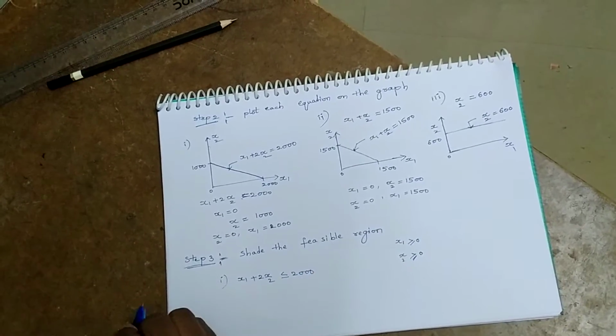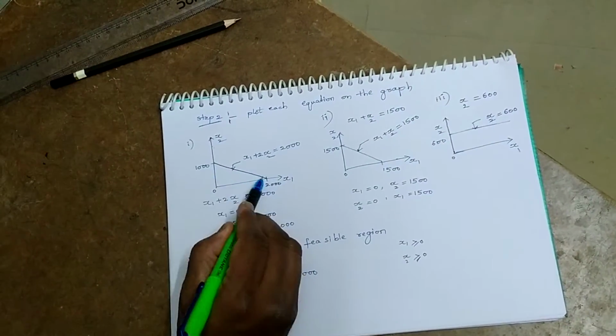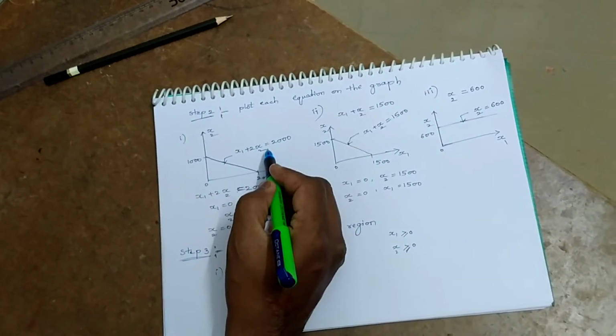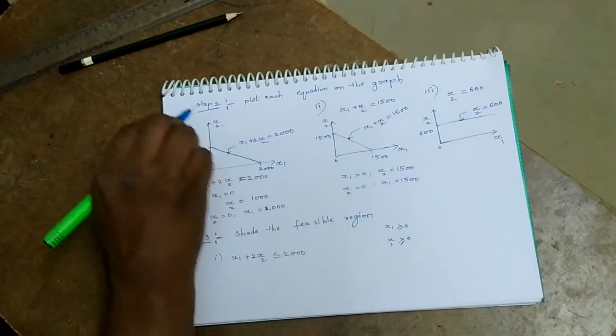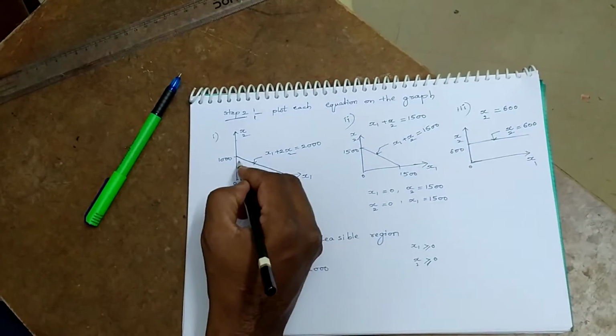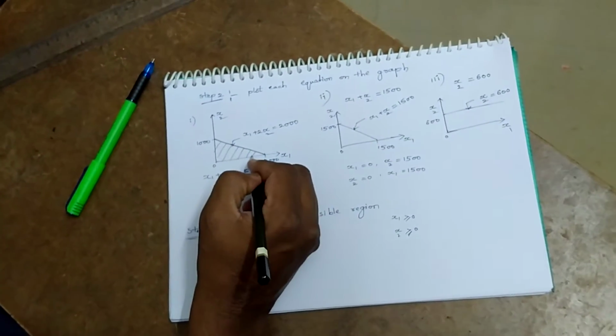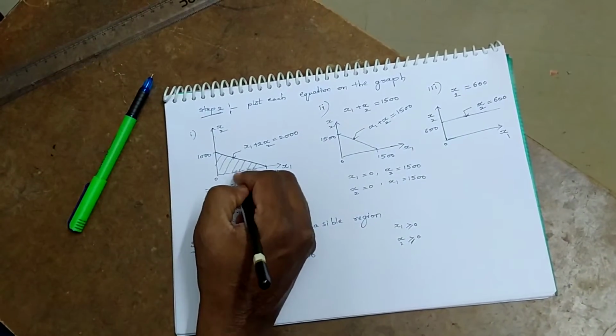So, what is the meaning of this? Any point on this line is going to satisfy this particular equation. But if it is less than or equal to 2000, the region will lie below this line. This is an important point. I repeat once again.